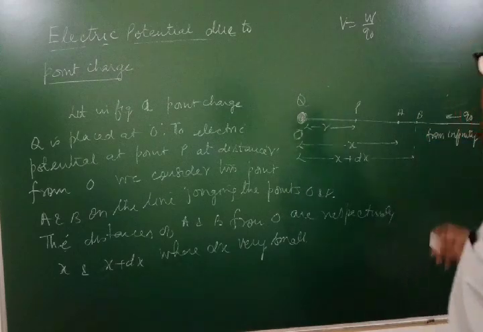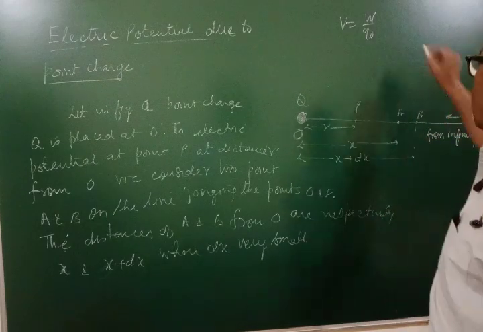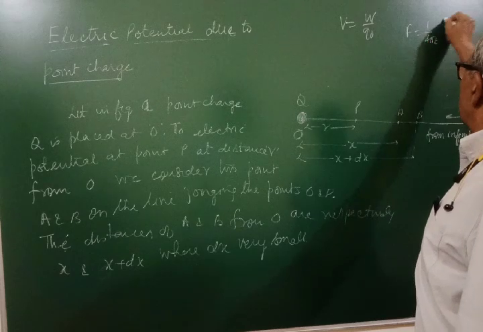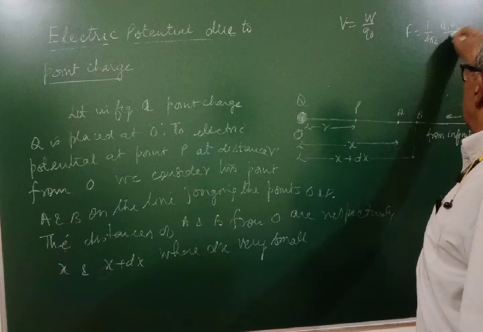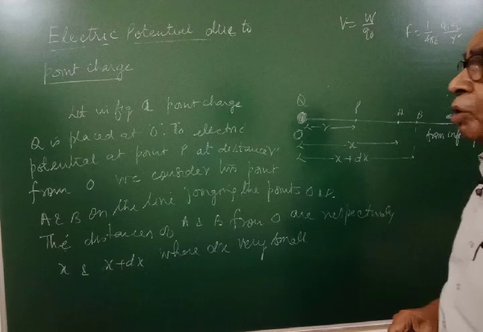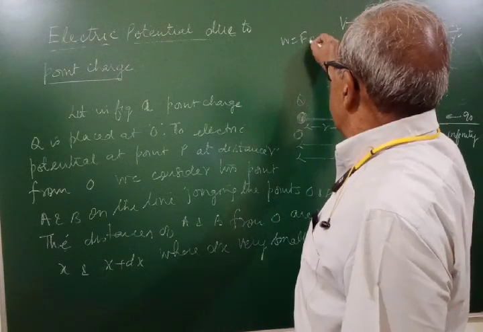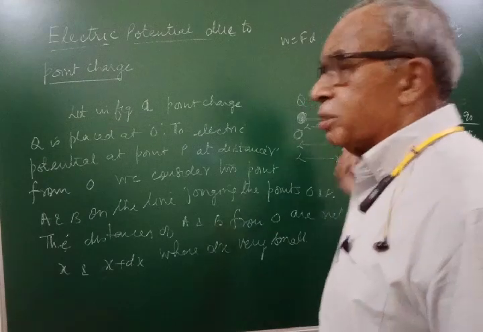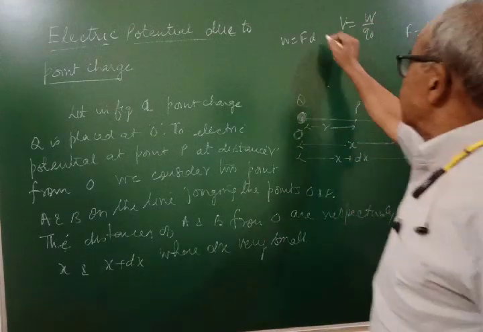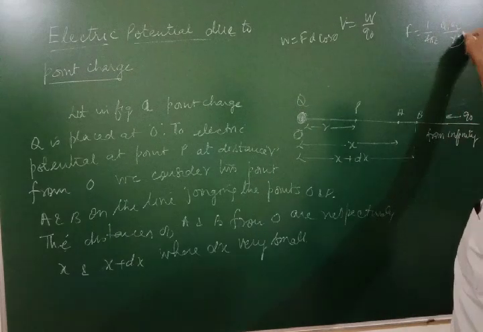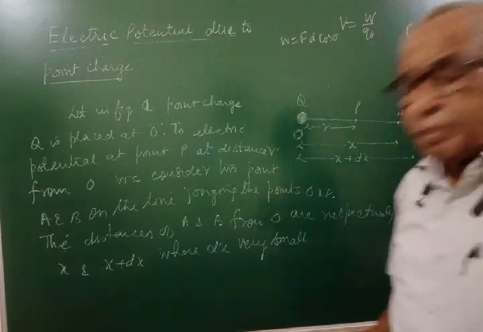Actually, Coulomb force is equal to 1 upon 4 pi epsilon 0 q1 q2 upon r square. Work done is F dot d, that is F d cos theta, where theta is 0 or 180 degrees here. Now the problem is that when distance is changing, force will be changing.